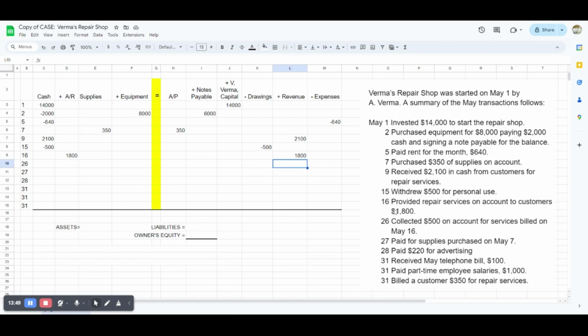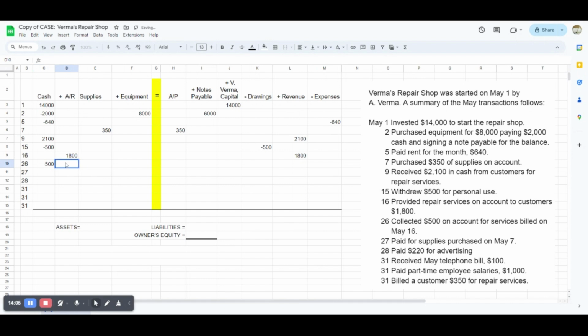So remember on May 16th, they owed you $1,800. Well, now they're paying $500 of that. So cash will go up by 500 because they're paying you for that.